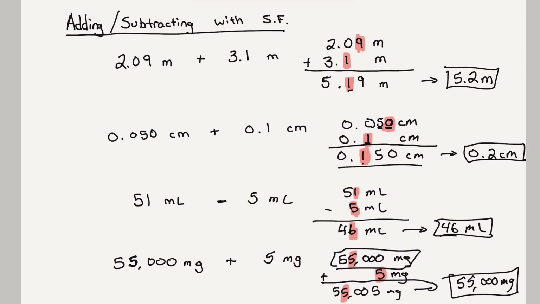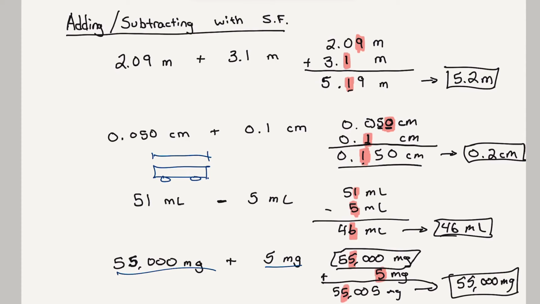A great example of this would be, think of it like this. You've got a train or a car or something like that, and you know it's a certain length. That would be similar to this 55,000 milligrams. But then this 5 milligrams, that's so small compared to that. Let's say, imagine you're adding a tiny little ant to the end of it.